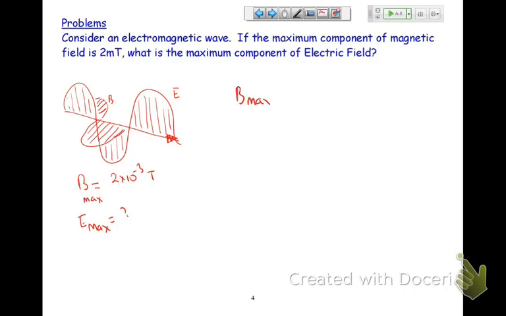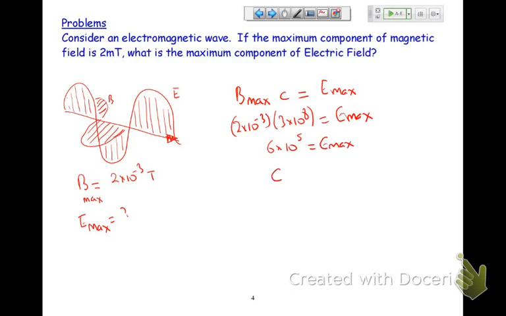B max times C is equal to E max. So 2 times 10 to the minus 3 times 3 times 10 to the 8 is equal to E max. So 6 times 10 to the 5 is equal to E max.